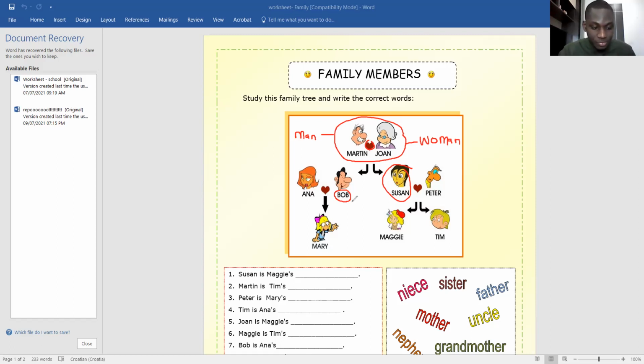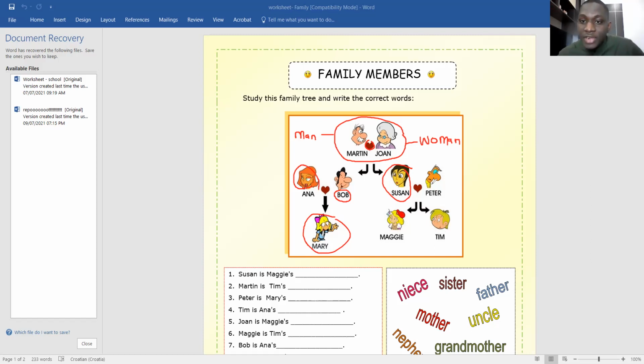Okay, so their son gets married to Anna. Anna is a lady, right? They get married together and have a wonderful daughter called Mary. Daughter in Thai is called what? So they have a daughter called Mary, right?